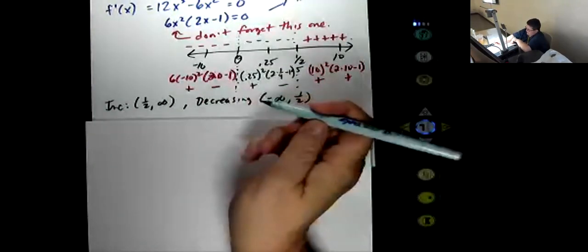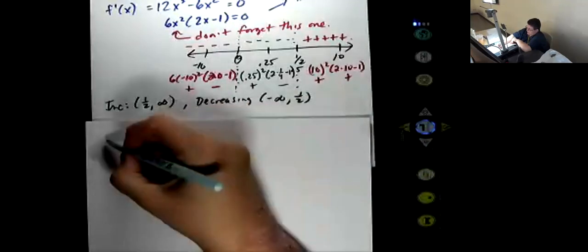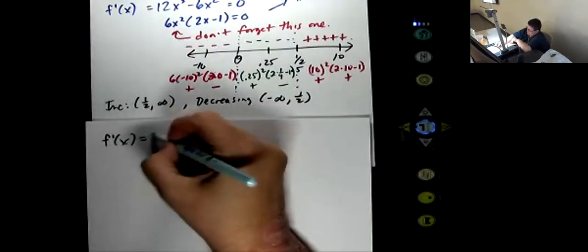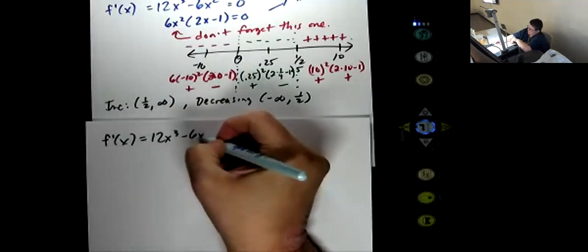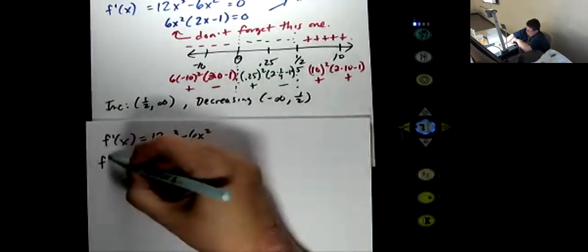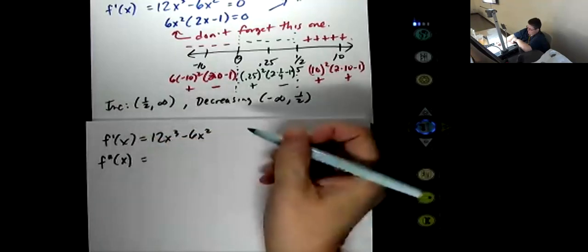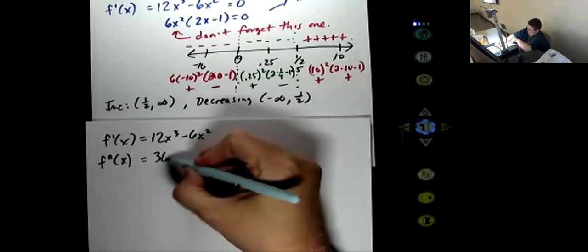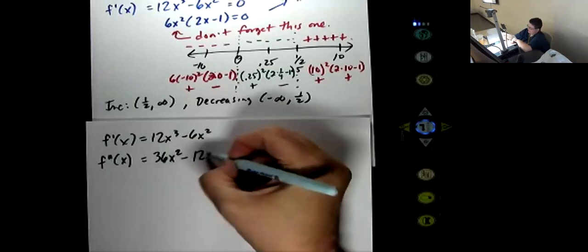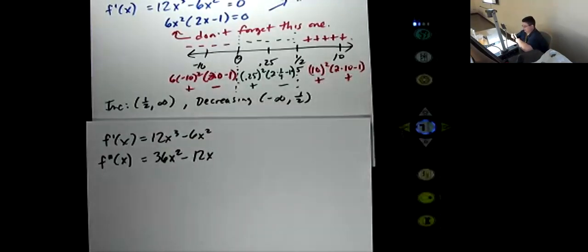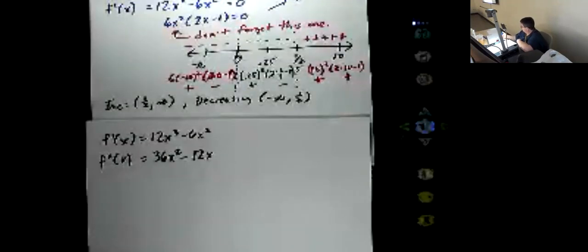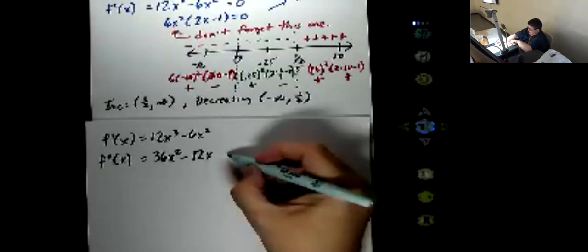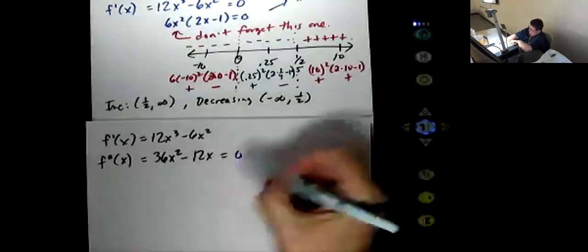Next question is concavity. So we had f prime of x was 12x cubed minus 6x squared. So f double prime, ooh, 36x squared minus 12x. Well, it is what it is. Again, having a sign chart will be pretty helpful. So we're going to set it equal to 0 and factor.